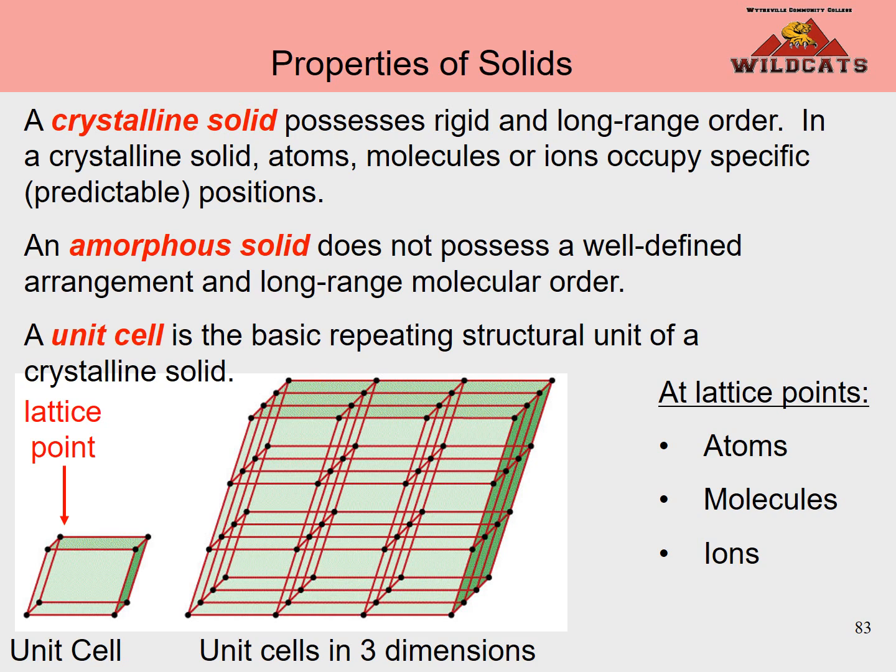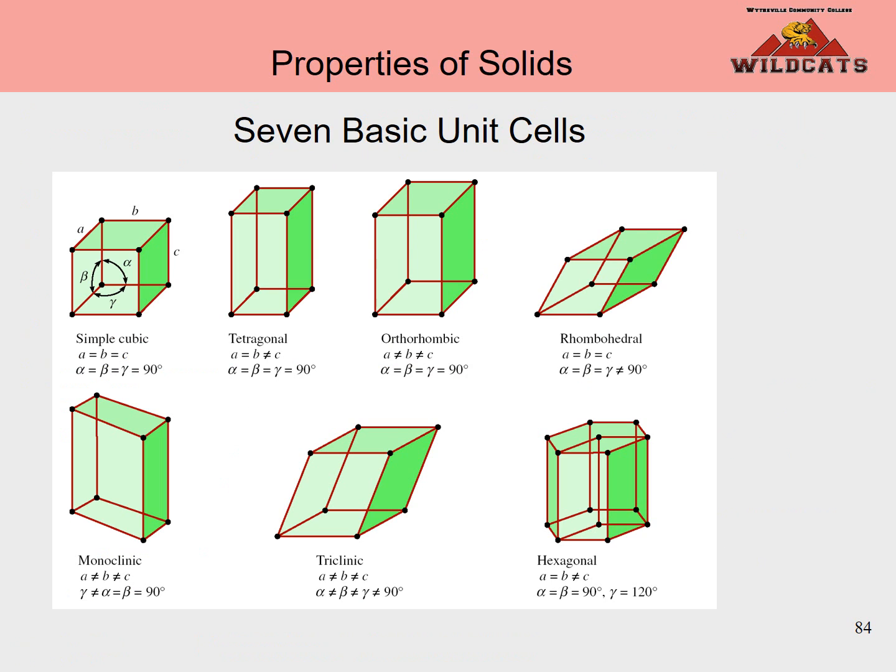A crystalline solid would be an ionic compound, and an amorphous solid would be something like a plastic. But all solids have unit cells, okay? And the point of those cells, which gives the crystal its shape, is called the lattice point. And so there are 7 basic unit cells, and we could calculate the diameter and the shapes, and we'll leave that for another chemistry class.